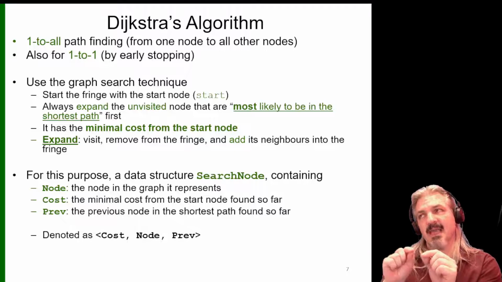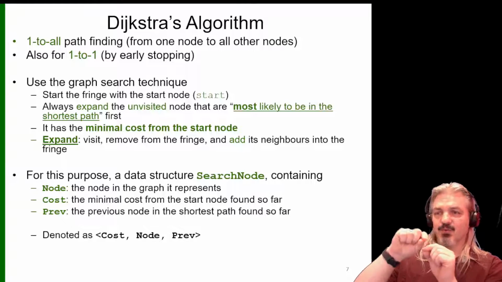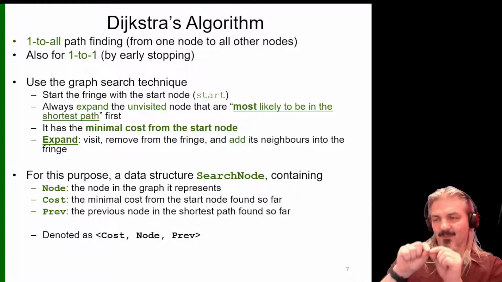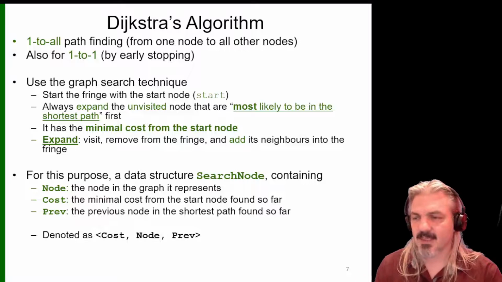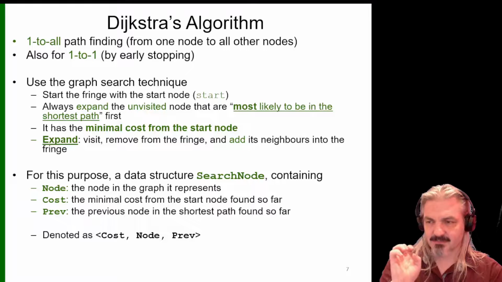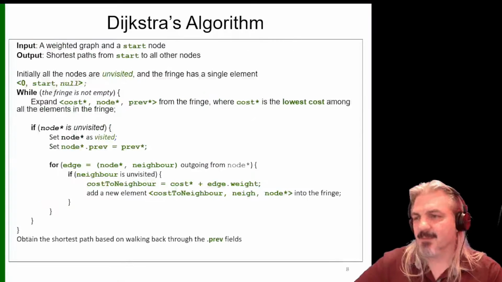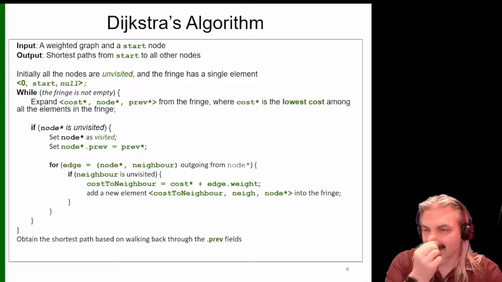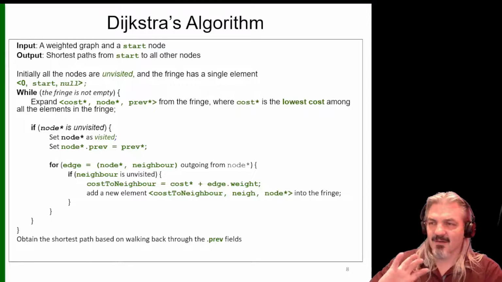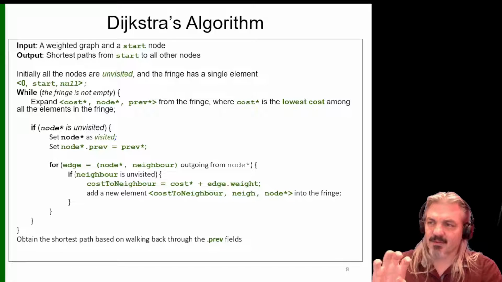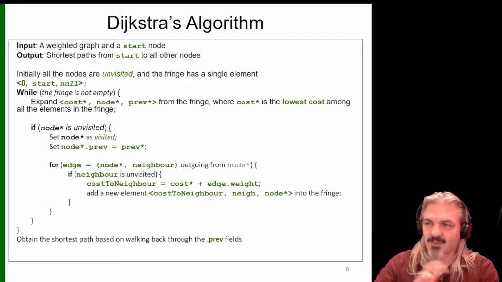Because we're going to use that to calculate the shortest path from the start node to the end node we hit. So remember: cost, the node, and the previous node. We're going to look at these costs and nodes, and try and work out what we've got in terms of moving through the graph.